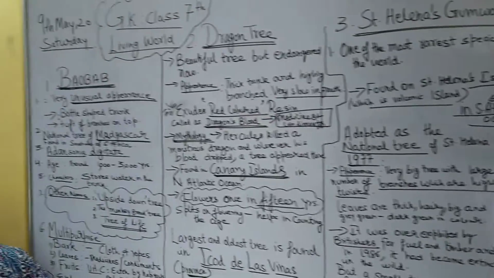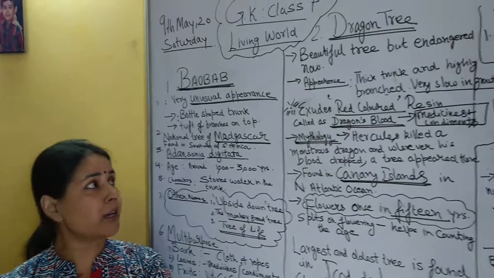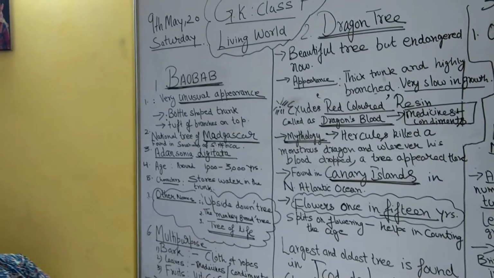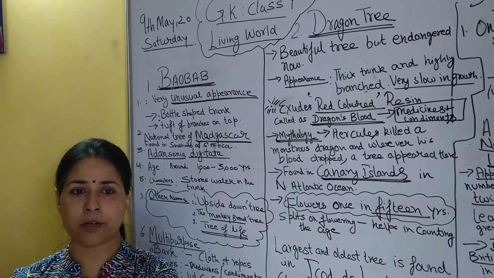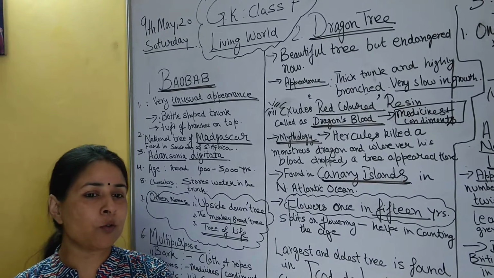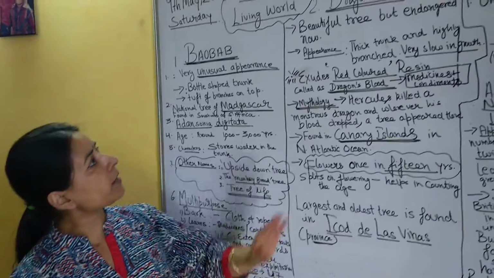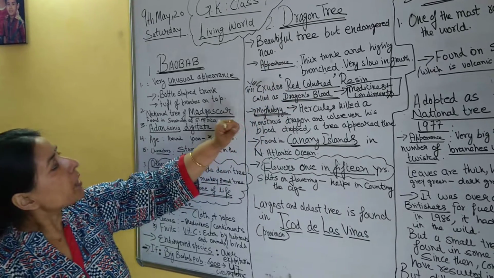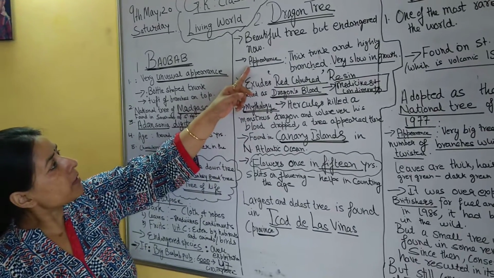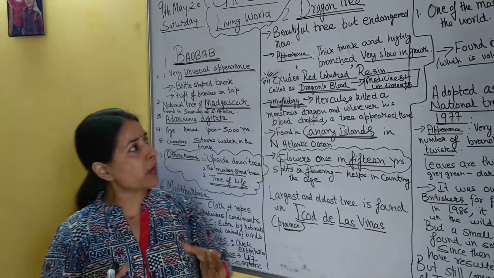Now the dragon tree, as the name itself suggests, is a very large tree. It is a beautiful tree, but it is now endangered. It is a very big tree. The parts are used as timber also, for burning also. So that is why it has come under the endangered species now. Now if we talk about the appearance, the trunk is very thick, its stem is very wide.